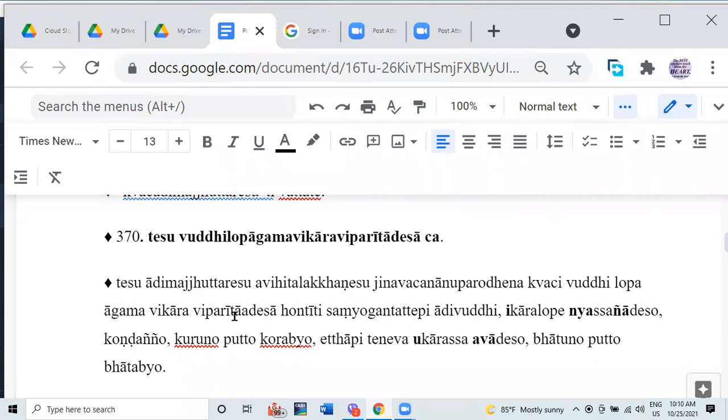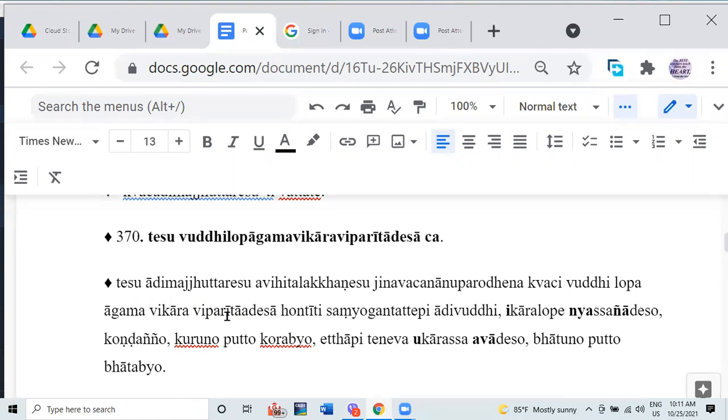vowels, not only vowels, but the consonants also, I think. Adi Majjuttara should be maybe Akara. Akara is neuter gender. Because Akara can cover both consonants and vowels.